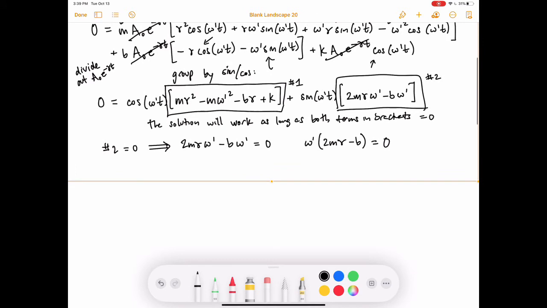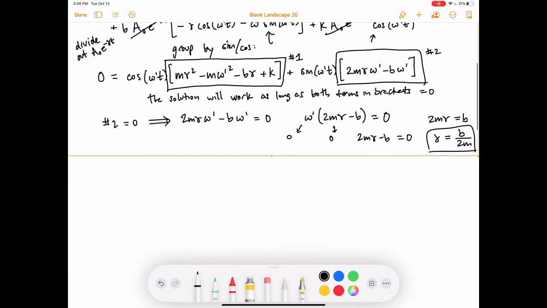So in other words, we can have omega prime equals 0, meaning the thing is just not even oscillating, or the thing in the parentheses here is equal to 0, which means 2 times m times gamma minus b equals 0, or 2 times m times gamma is equal to b, or gamma, this constant, is equal to b over 2m. So that's an important result right there. This constant gamma, if this solution is going to work, has to be equal to b divided by 2m.